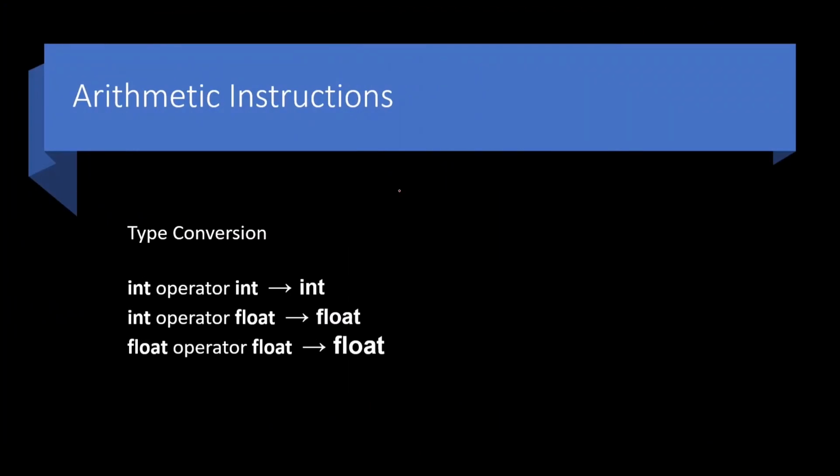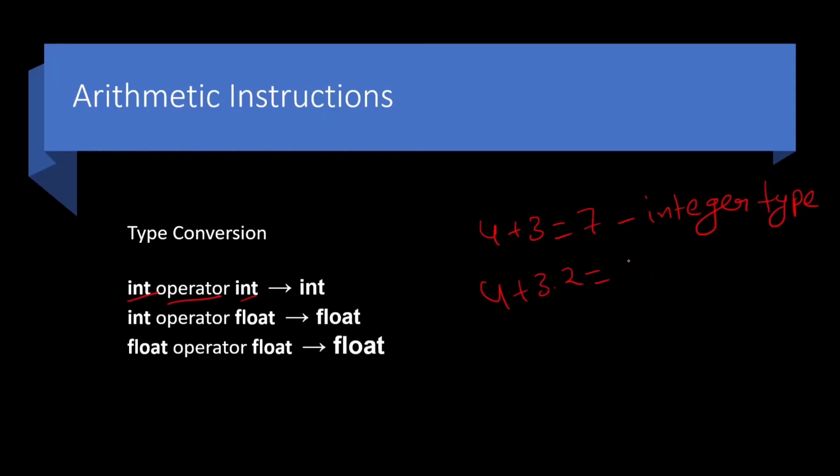Here, if you perform an integer operation, integer means integer data, for example 4 plus 3, then it would be integer type, 7 is integer type. Now similarly, if you provide 4 plus 3.2, then the answer would be 7.2, which is float type, or you can say real number.